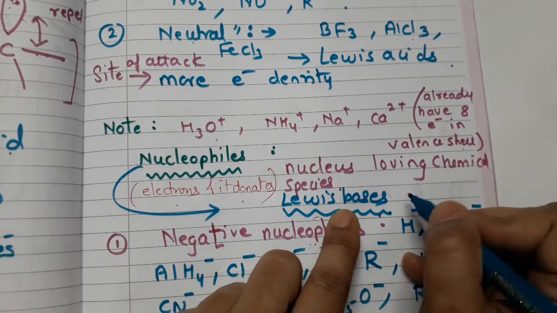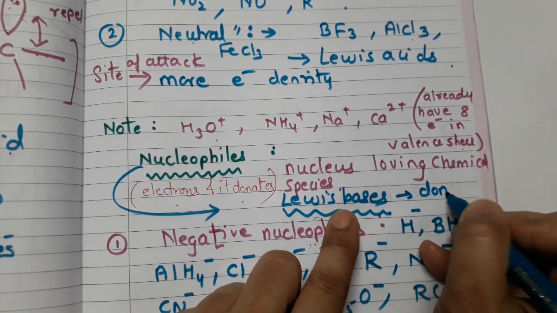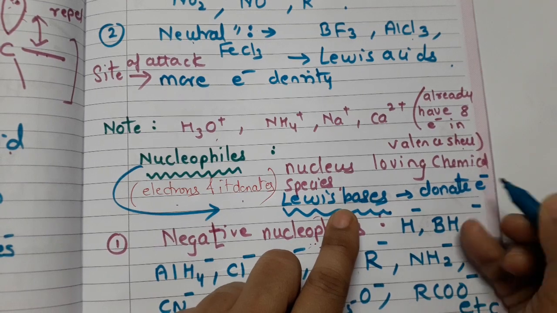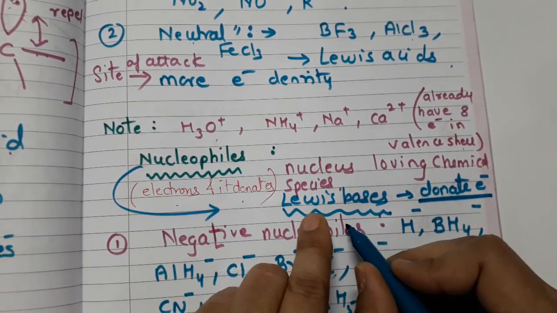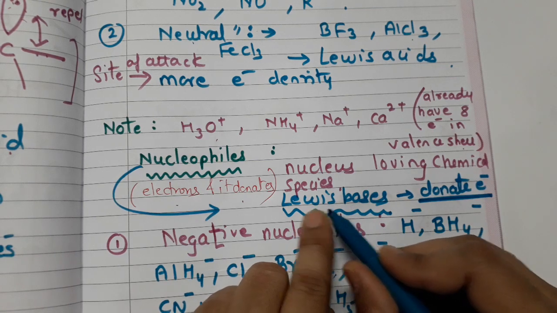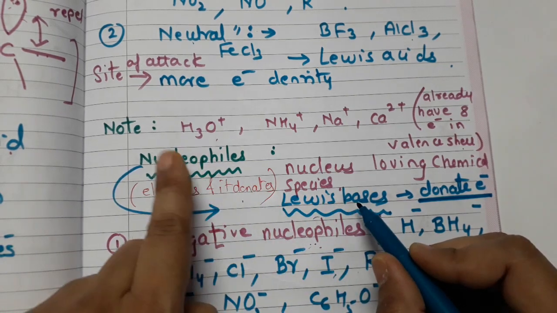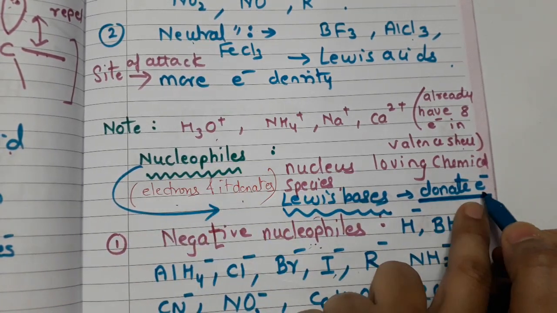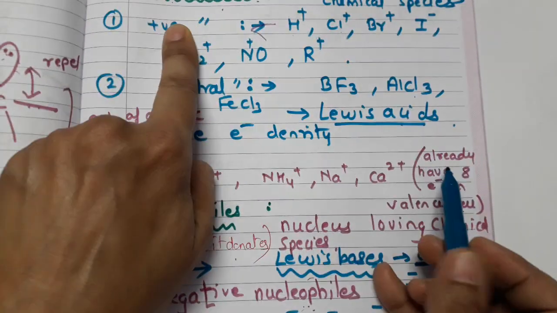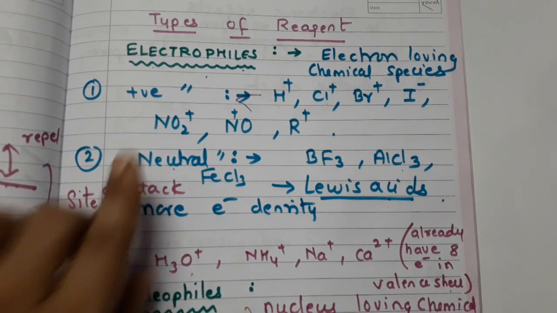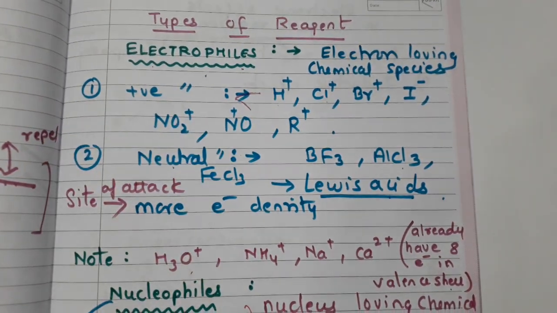Lewis base means which is going to donate electron. It is very important for 12th standard reactions. So whenever anybody is asking you what is Lewis base, please remember nucleophile which will donate the electron. And what is Lewis acid? It is electrophile, which is going to accept the electron.